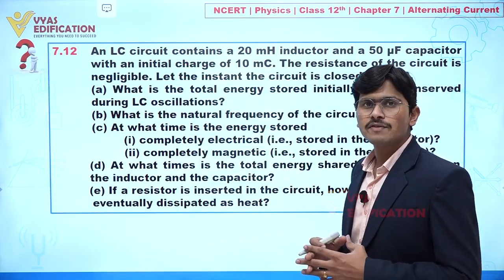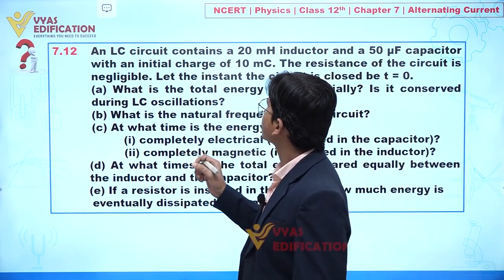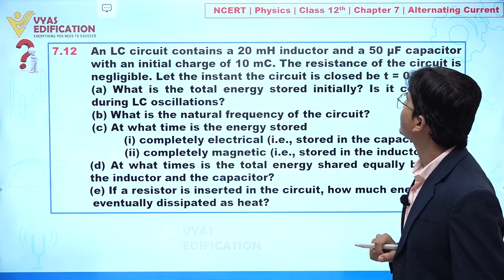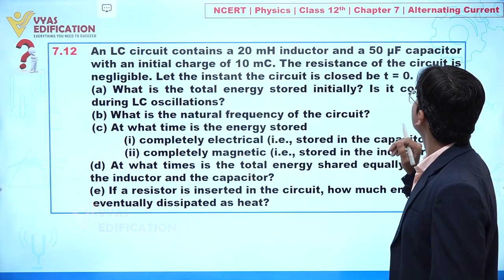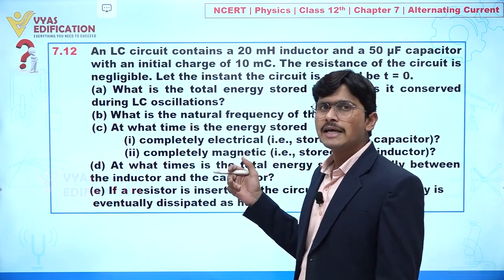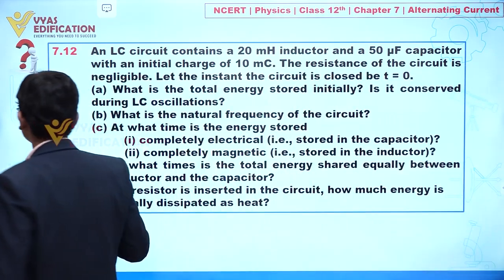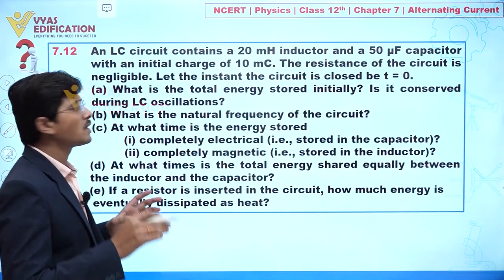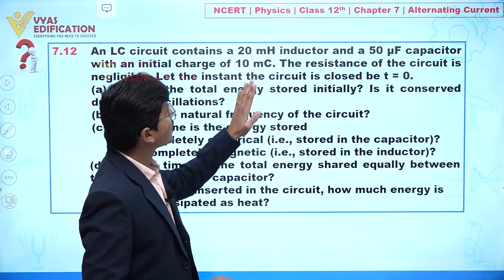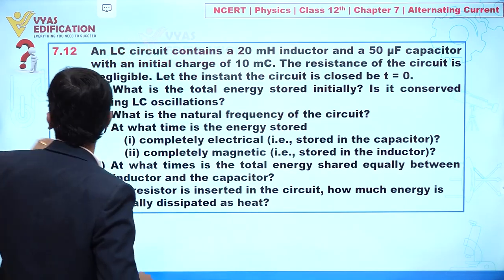In this question it is given to you an LC circuit contains a 20 millihenry inductor and a 50 microfarad capacitor with an initial charge of 10 millicoulomb, clear? So first, whatever is given to you, we are drawing that: an LC circuit with 20 millihenry and 50 microfarad capacitor.